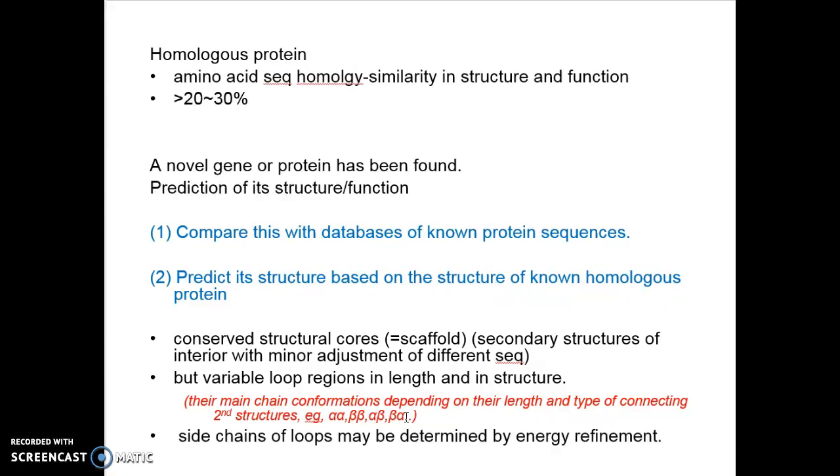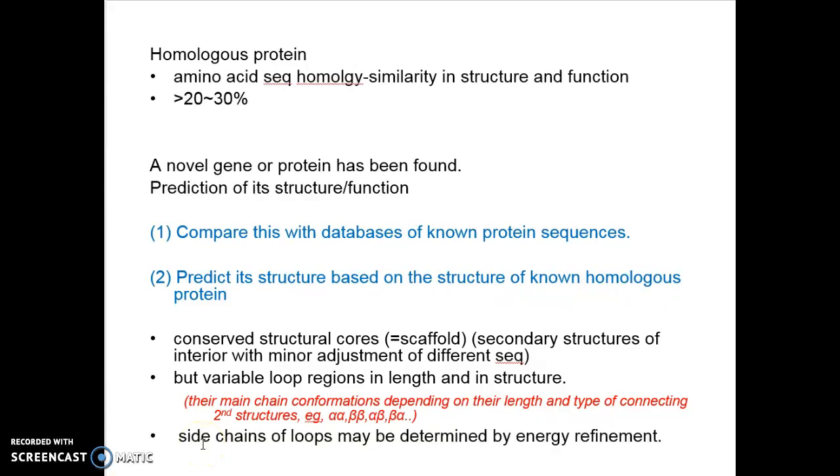To model a protein structure, stored main chain loop conformations from the data bank are attached to the scaffold, modeled to have a structure similar to that of the homologous protein.